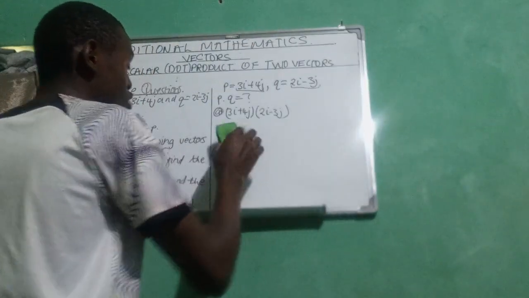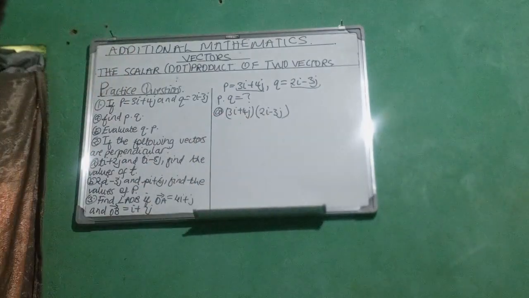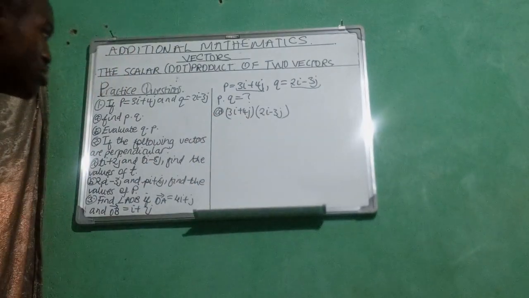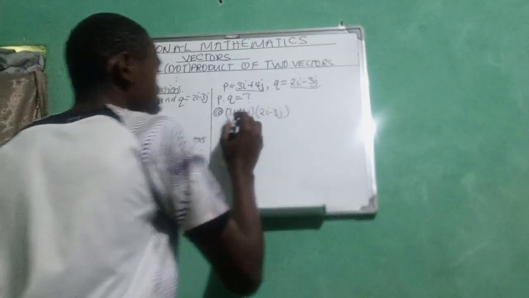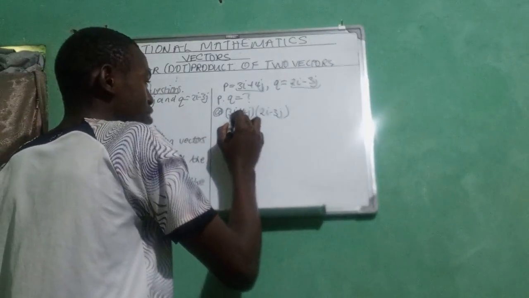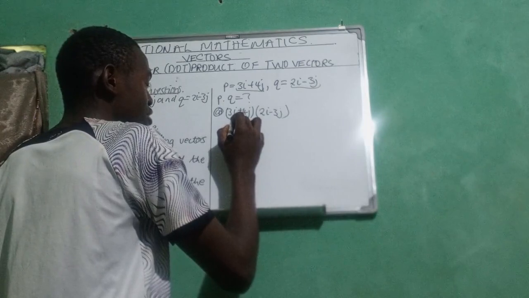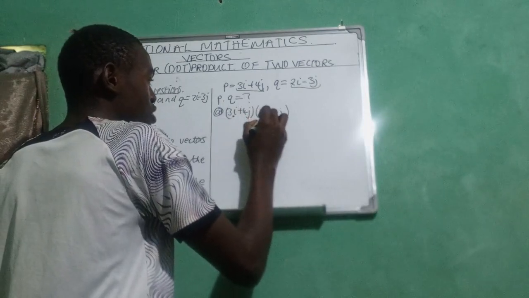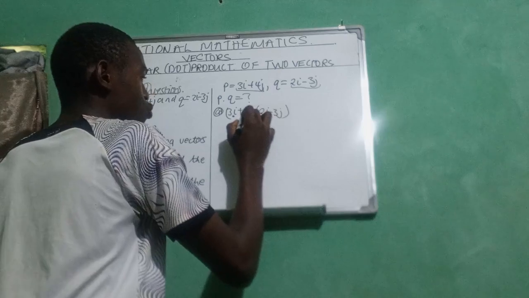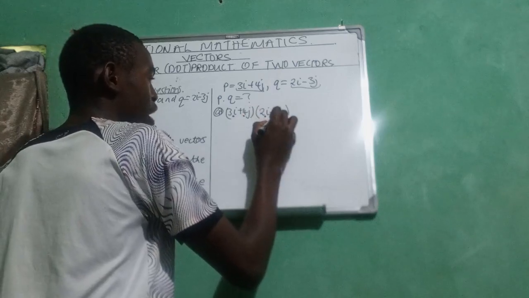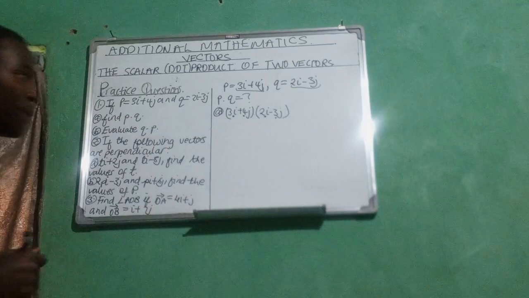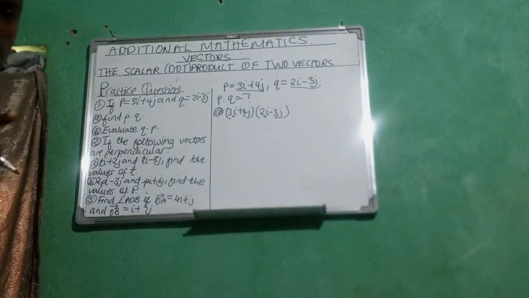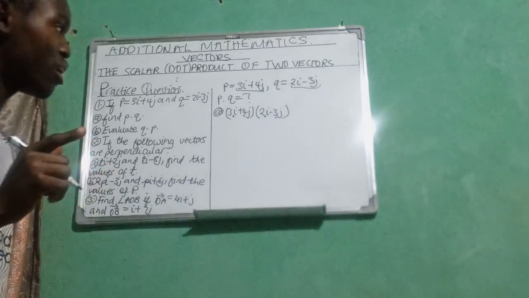Alright. So we expand this bracket knowing fully that i times j is 0. Let us just multiply this right here with this. And then 4j you multiply by that. Because we know that when we multiply two of the same, it should give you 1.